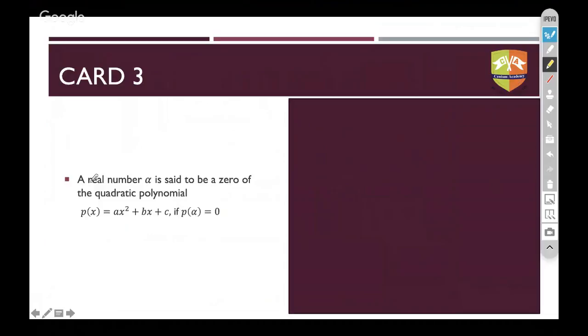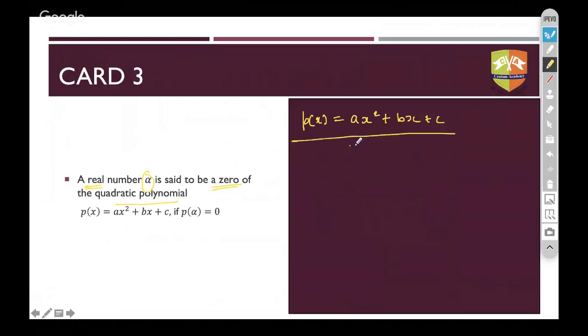Next is a real number alpha is said to be a 0 of the quadratic polynomial, right? Again, we are dealing with real numbers. Let's say I have a quadratic polynomial p(x) equals ax square plus bx plus c. Please remember always this is the general form of the quadratic polynomial.